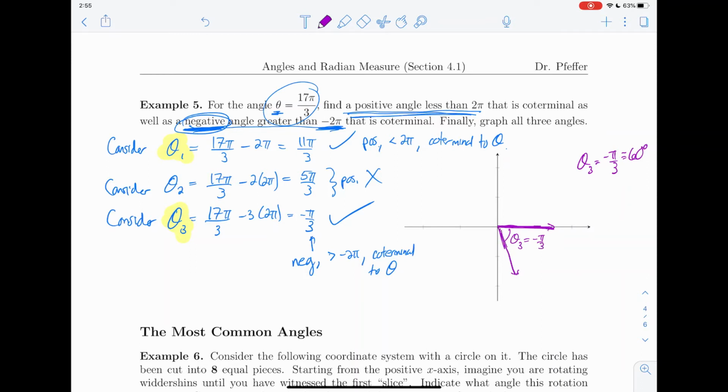So the fact that I'm pointing in this direction, this is the final pointed direction. That's where all the angles are going to be looking. But the question is how many revolutions, and do they go clockwise or counterclockwise? So that's going to be the question to answer.